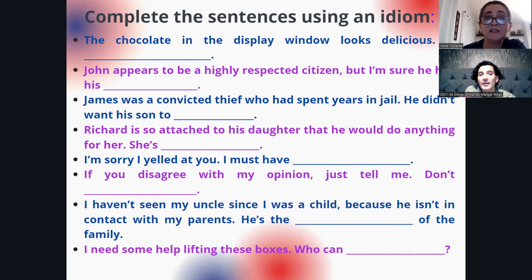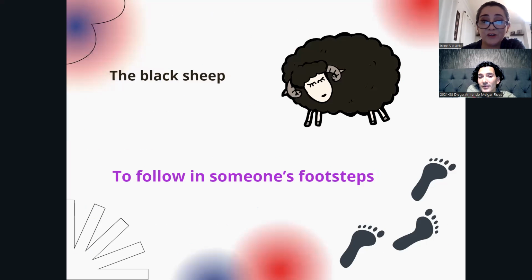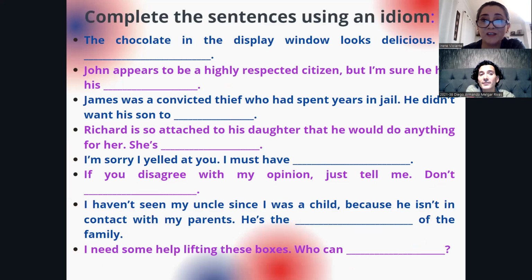So he didn't want his son to follow in his footsteps. Can you repeat the complete sentence? He didn't want his son to follow in his footsteps. Yes.